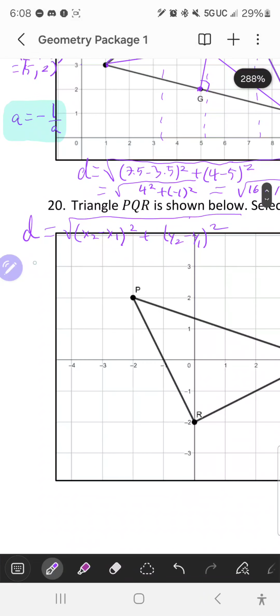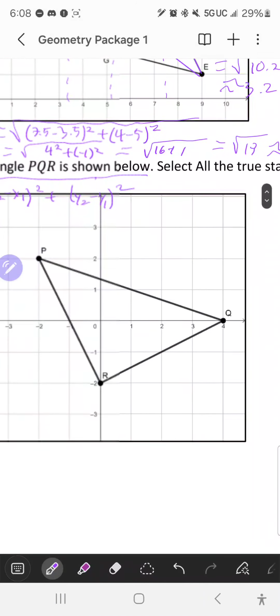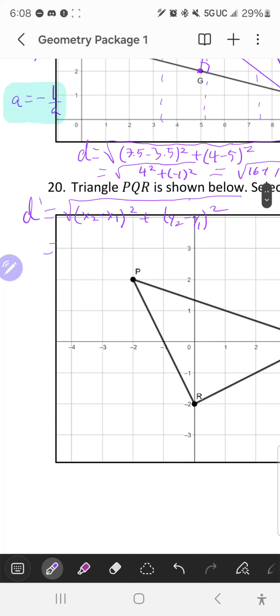So this is going to be equal to, this is PR, so PR first, I'm going to put it right here.